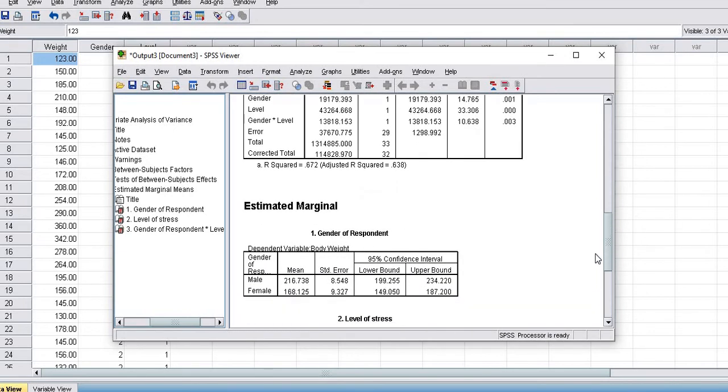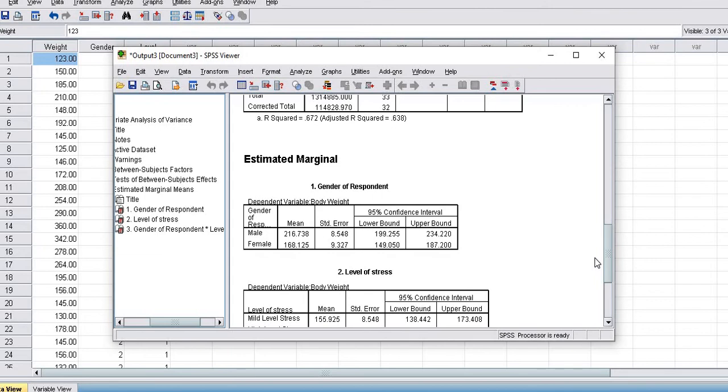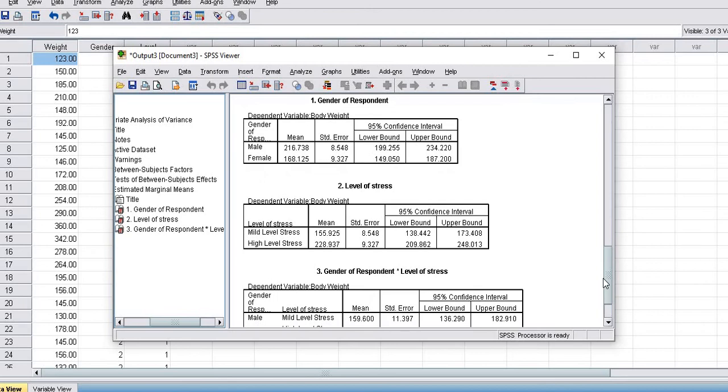We can check from the mean values. The mean weight of male is 216.74 and female 168.12. There is a significant difference between the weight of male and female. And there is a significant difference between high level and mild level stress.